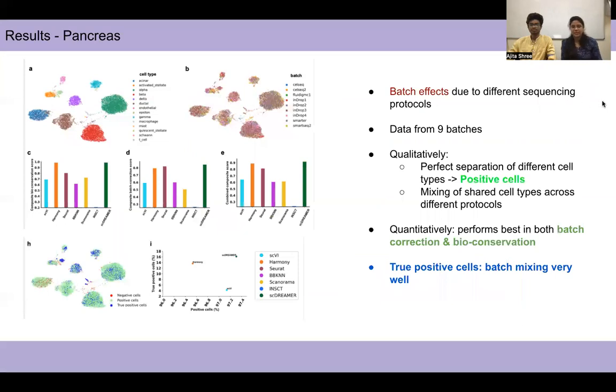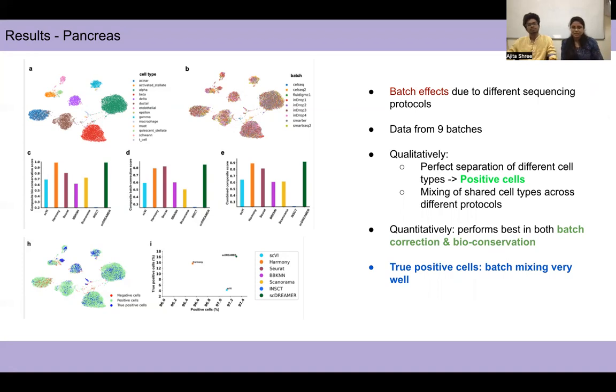Here we present the results on the human pancreas dataset. The dataset has batches from different sequencing protocols. There are a total of 9 batches in the data. As we can see from panels A and B, scDREAMER is able to correctly separate different cell types into different clusters while attaining very good batch mixing, as shown in plot B. Quantitatively, we can see that our method is performing the best in both batch correction as well as bioconservation.